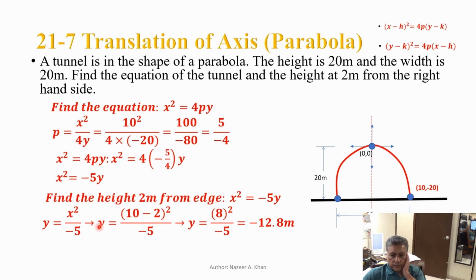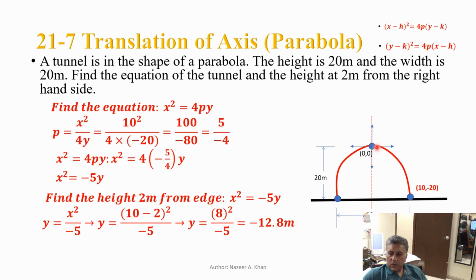From here to here is 10, and we want 2 meters in, so that's why I laid it out like that. It'll be 8, so we have 8 squared, which is 64, divided by minus 5, which will give you minus 12.8.